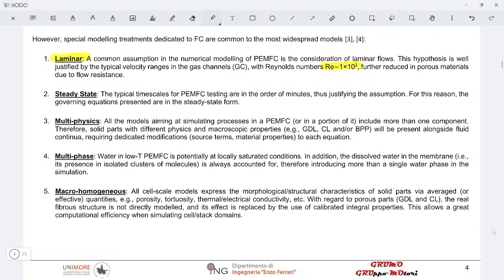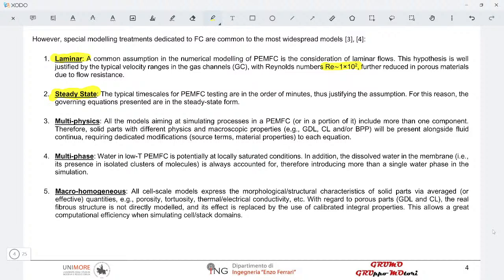The second assumption that we can introduce is this one: steady state flows. As you know, in nature, there is no such thing as a perfectly steady state flow. And flows and turbulence are by nature time dependent.